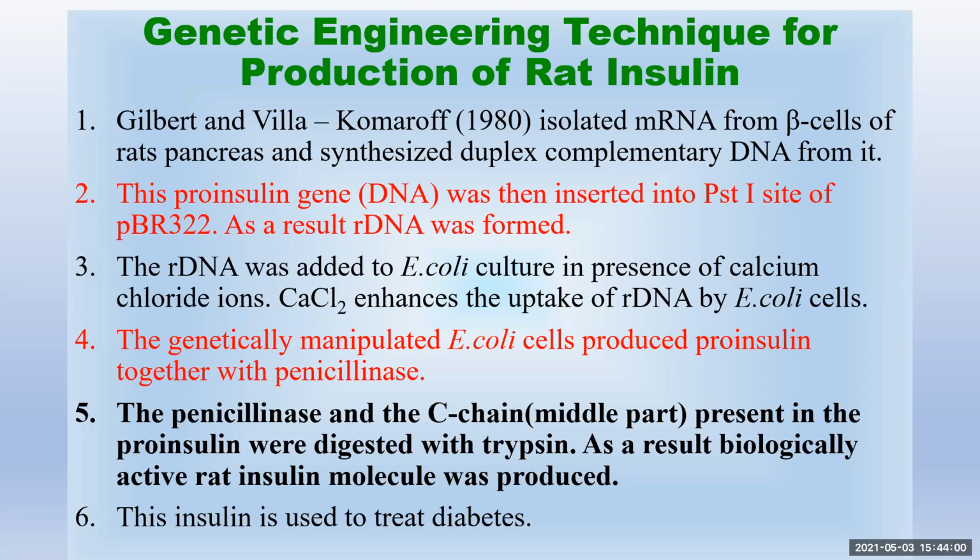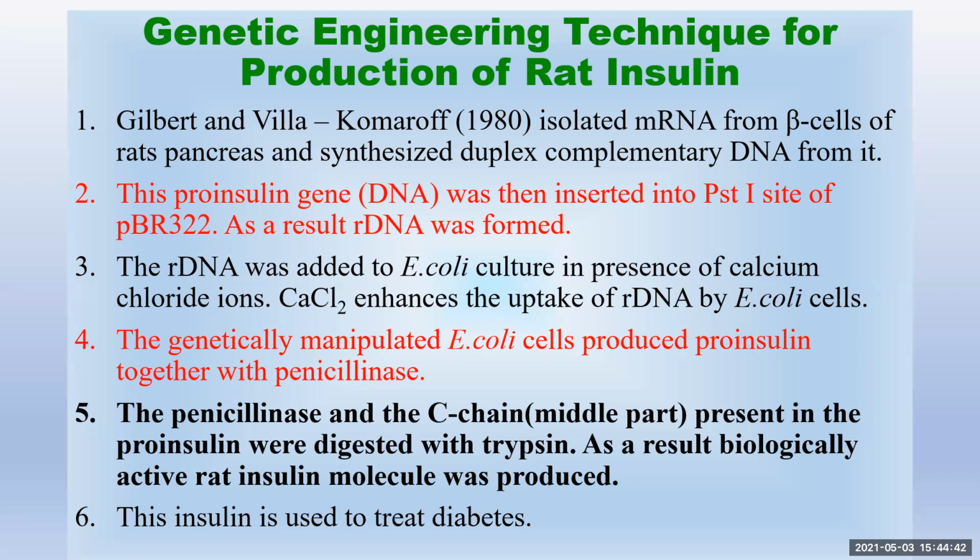They isolated mRNA from the beta cells because it is very specific for the protein, and DNA is synthesized on this mRNA by the action of the enzyme reverse transcriptase. Now, what you get is a DNA-mRNA hybrid. It is treated with enzyme or alkali so that the mRNA is removed, and what we have is a complementary DNA. This complementary DNA is then converted into a double-stranded complementary DNA.